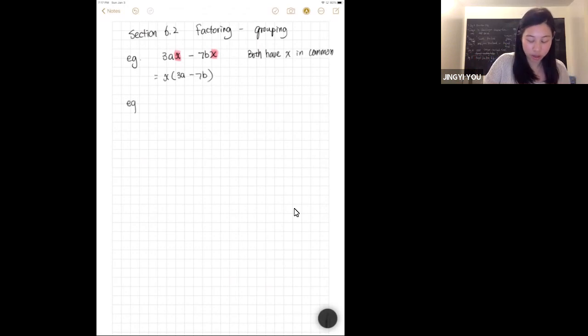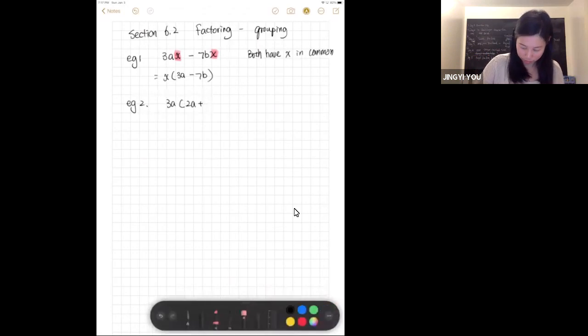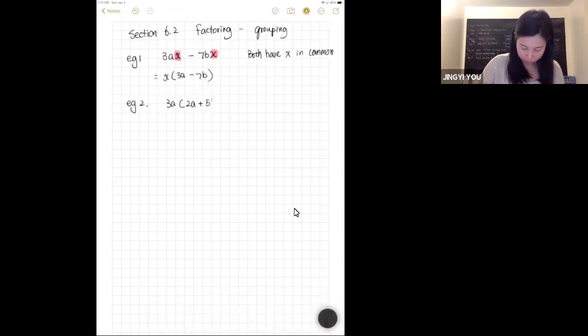Let me give you an example a little bit more complicated. If I have 3a times (2a plus 5b), and then minus 7b times (2a plus 5b).